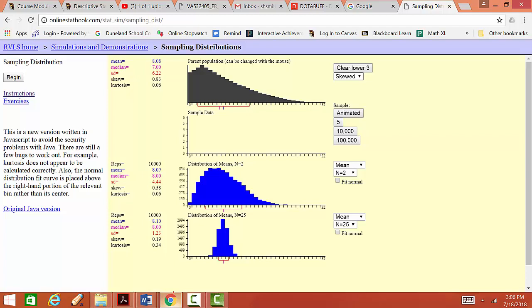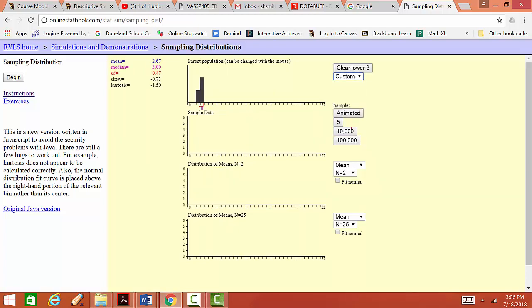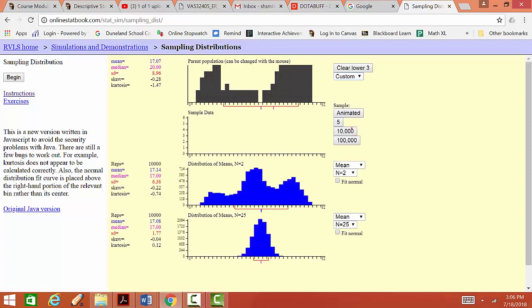So this happens every time. You can even do a custom distribution, so it'll let you draw your own thing. Like I'll draw that, and look, at sample size of 2, not really, but at sample size of 25, it almost looks perfectly symmetric again. And it always happens. This is the beauty of the central limit theorem. And what this does is allows us to apply our normal distribution chart to basically any data set that exists.